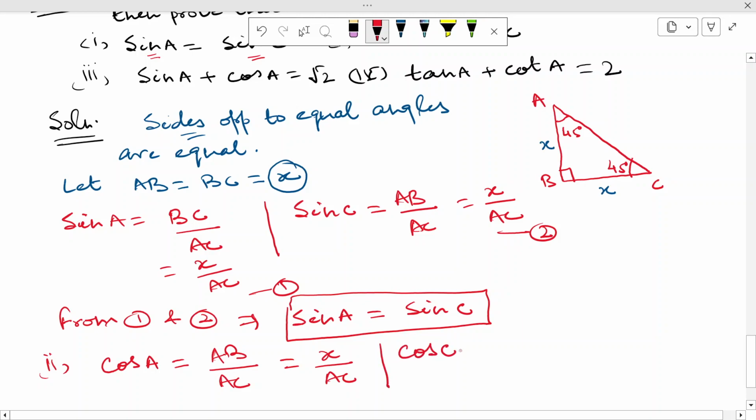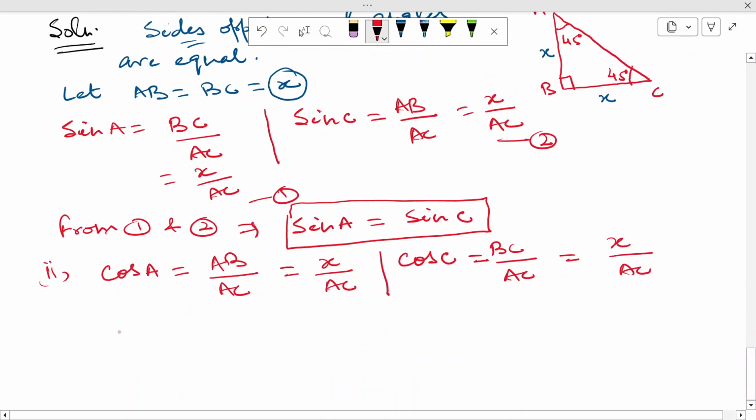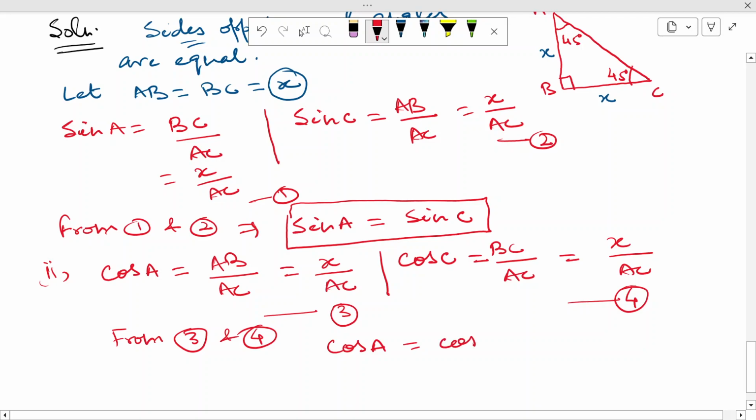Similarly, when you consider cos of C, the side adjacent to angle C is BC upon hypotenuse, which is AC. So, this is again x over AC. Let us consider this as 3 and this as 4. So, you can obtain from 3 and 4 that cos of A is same as cos of C.